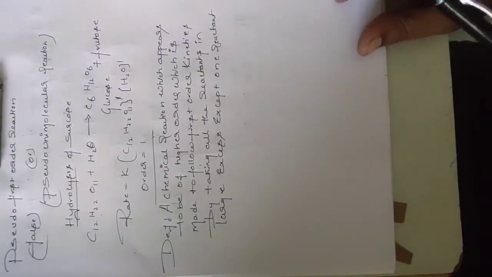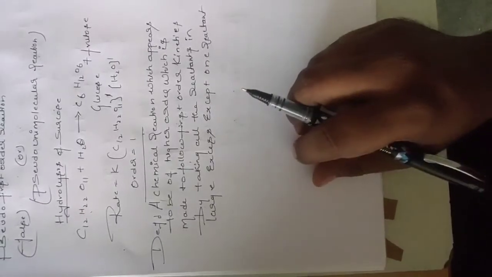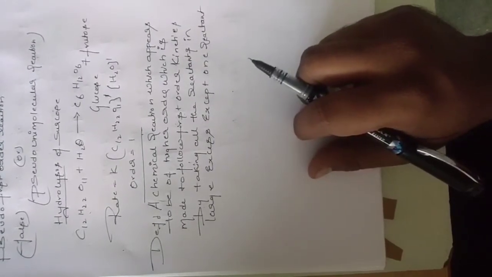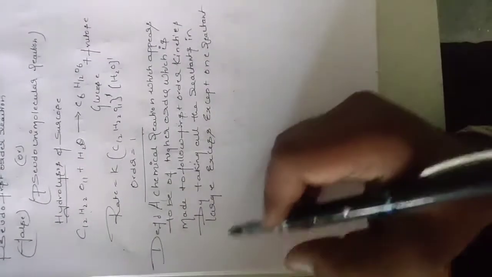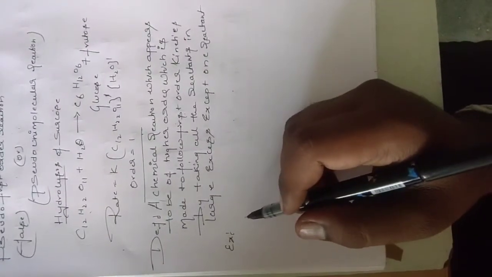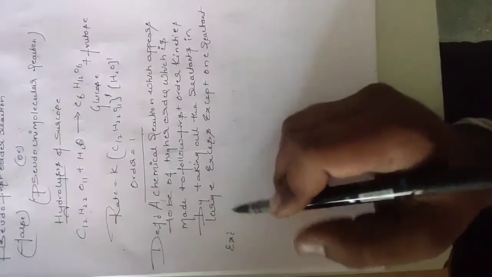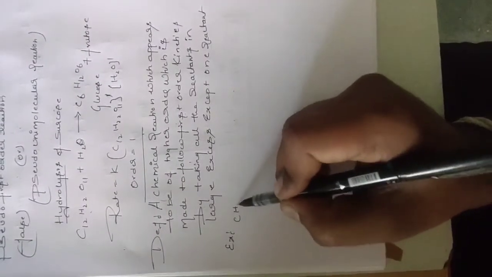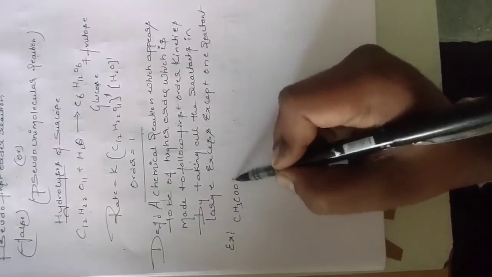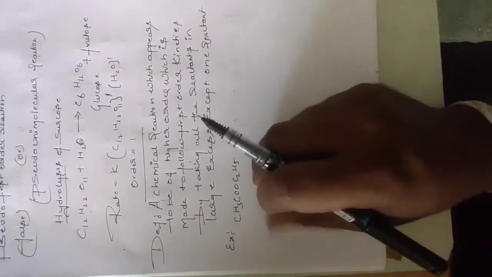reactant. Okay, we can take an example like ester. We'll take ethyl acetate, also called ester, CH3COOC2H5.